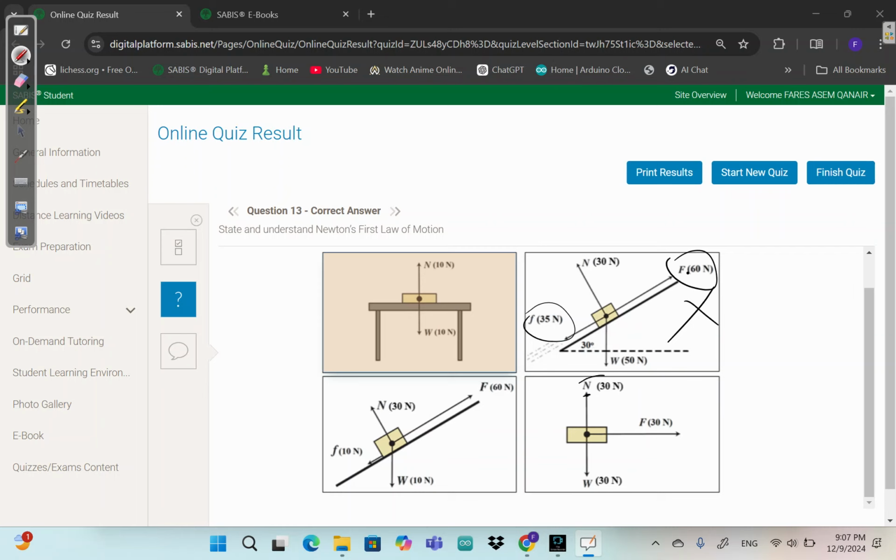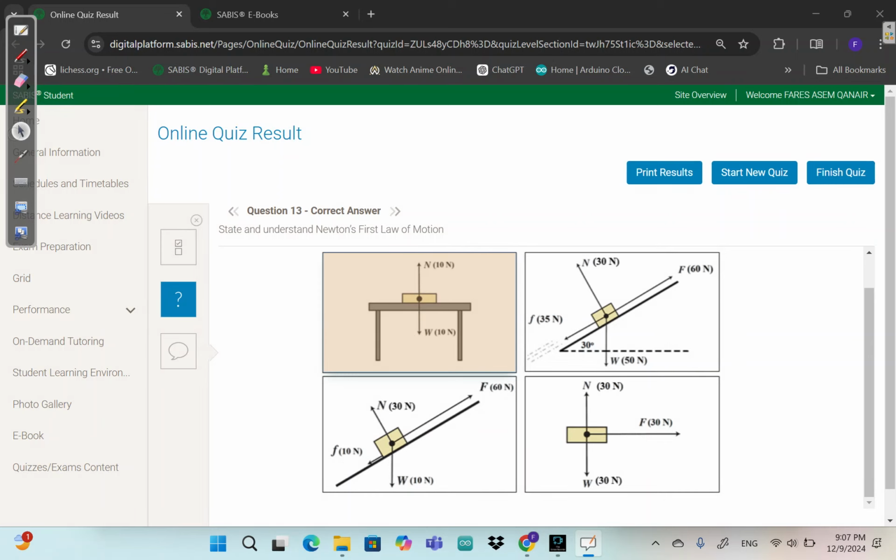Here these two cancel out, but there's still a force to the right that doesn't cancel out with anything, so net force is not zero, so this is wrong. Here as well, they have different magnitudes and they're not opposites, so they don't cancel out, so this is also wrong. Here it's 10 newtons vertically upwards and 10 newtons vertically downwards, so they cancel out, so the net force is going to be zero, so this is our only correct answer.